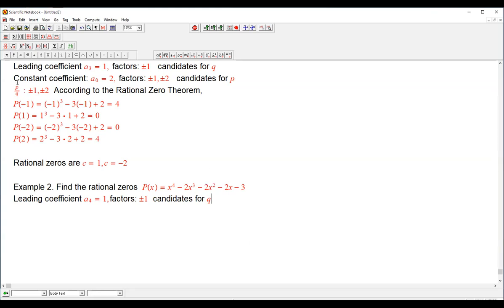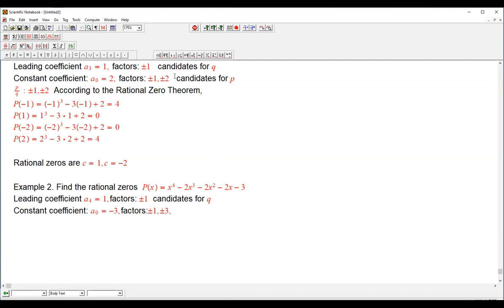How about the constant coefficient? The constant coefficient here is -3. The factors of -3 are plus minus 1, plus minus 3.